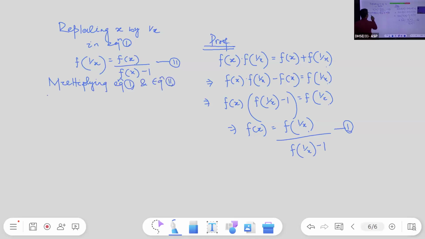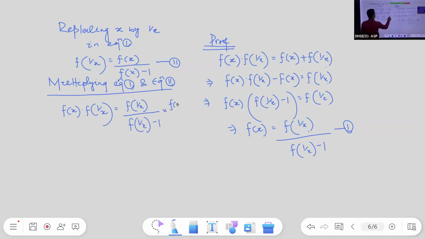Multiplying equation 1 and equation 2, f of x into f of 1 by x is equal to f of 1 by x upon f of 1 by x minus 1 into f of x upon f of x minus 1.